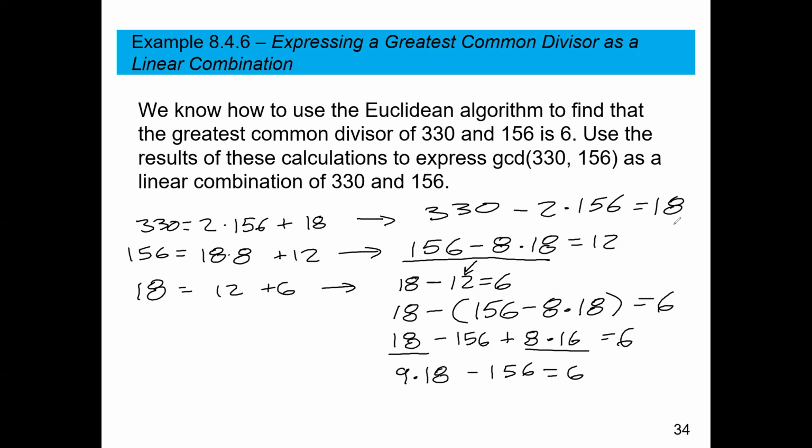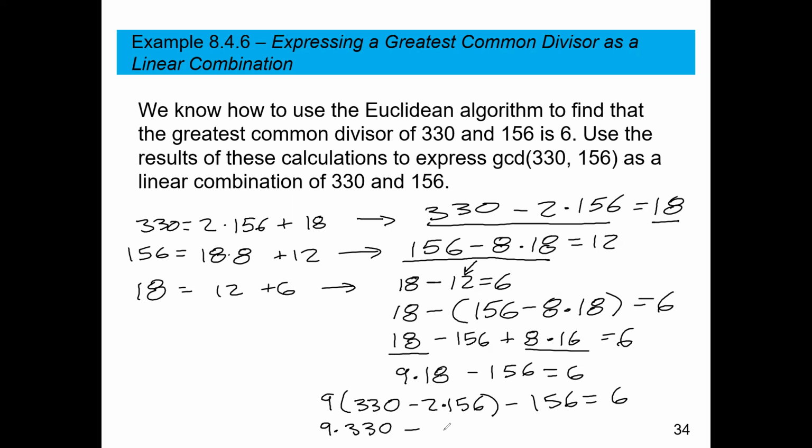But going back up here, this whole line right here is equal to 18. So I can substitute that in. So I get 9 times 330 minus 2 times 156, minus 156 equals 6. Well, if I multiply these together, I get 9 times 330 minus 18 times 156 minus 156 equals 6.